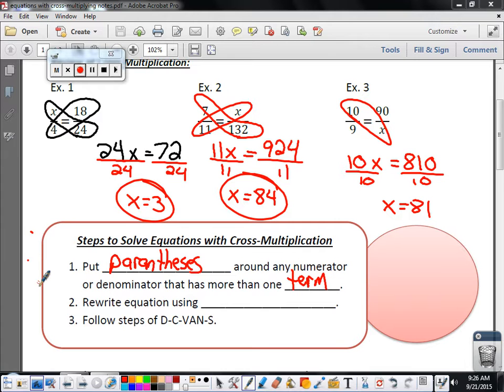More than one term. Number 2, rewrite equation using, we'll just say the butterfly method. And then we don't do that last part.